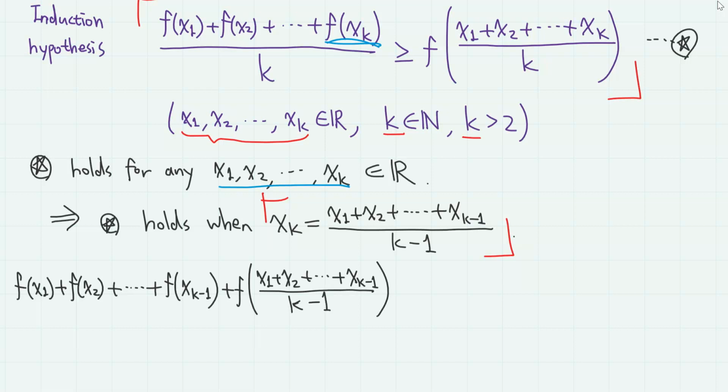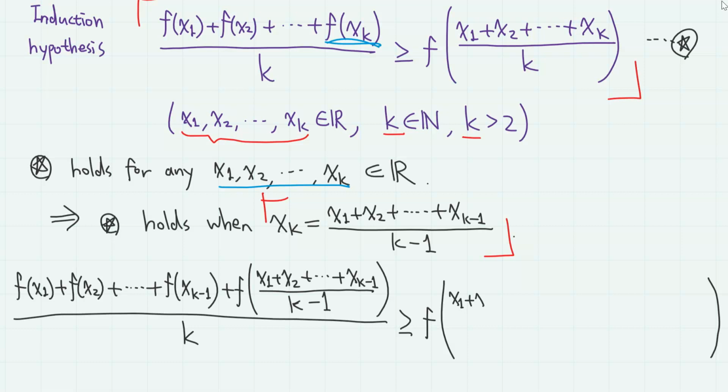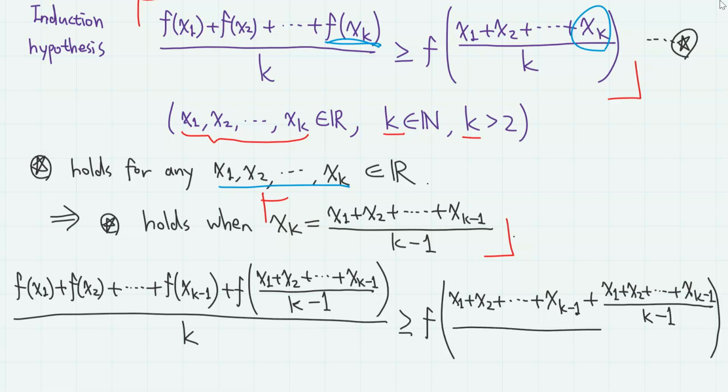So this entire thing divided by k is greater than or equal to f of (x1 + x2 + so on + x_{k-1}) plus, now this x_k is (x1 + x2 + so on + x_{k-1})/(k-1). So this divided by k.